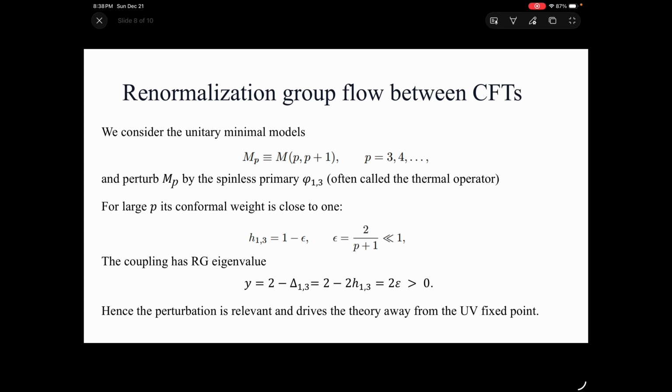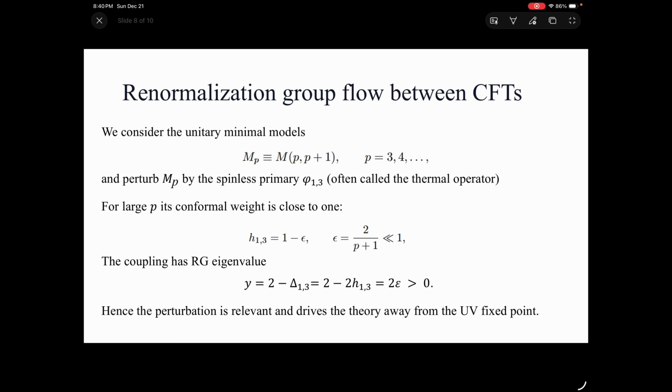Next, we are going to go further and introduce the UV CFT with perturbation. First we consider a unitary minimal model. Here I use the index p, which refers to the minimal model M(p, p+1). So p is a positive integer starting from 3.